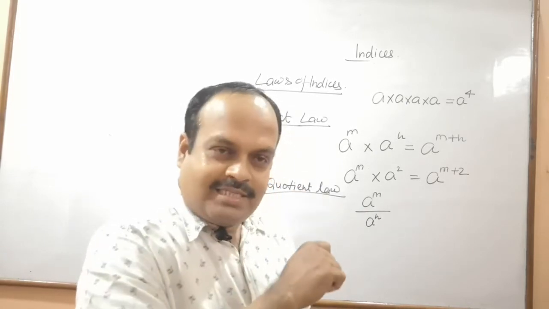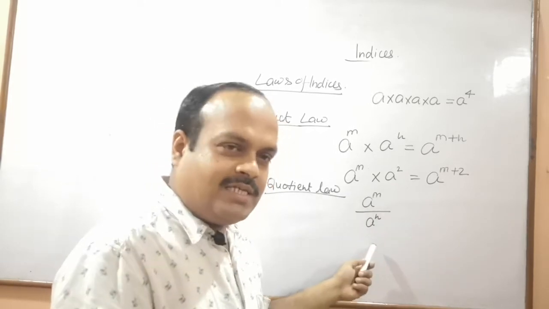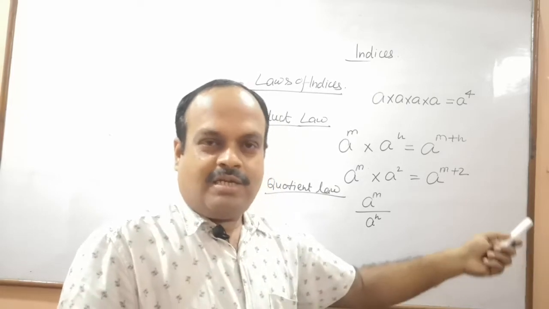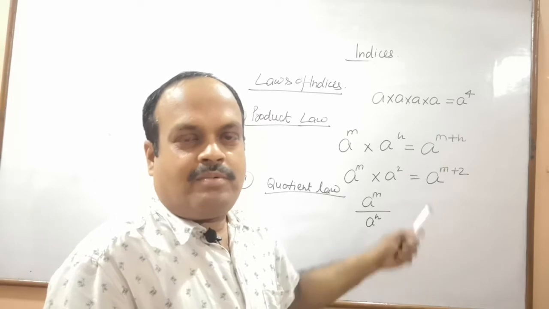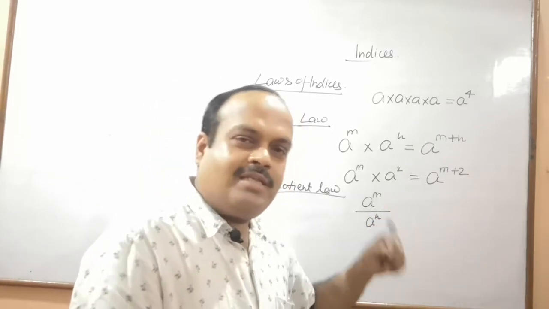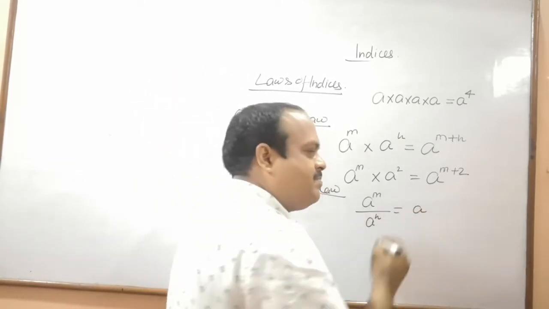The quotient law says that when you do the division of two numbers with the same base, to get the quotient, to get the result, you need to get the difference of the powers. The difference of the power in the numerator and the power in the denominator. So here the result will be a to the power.